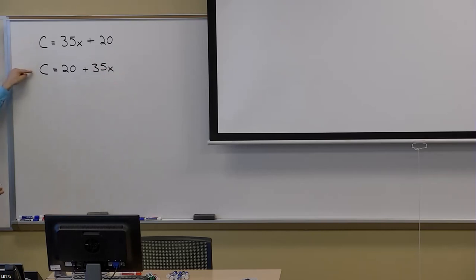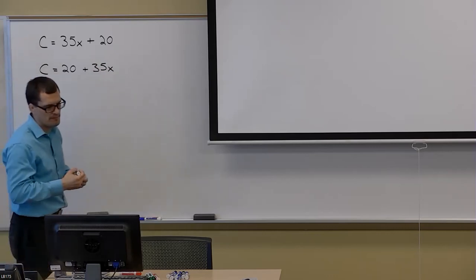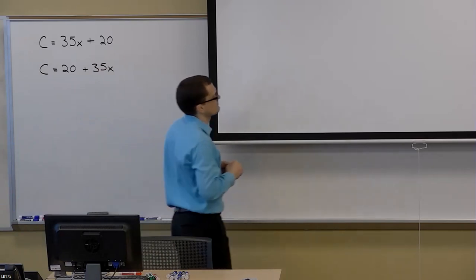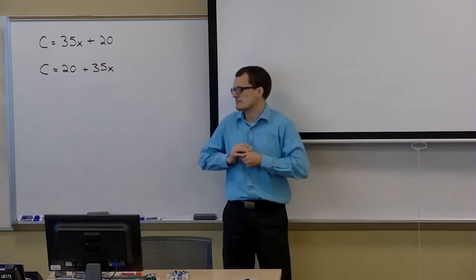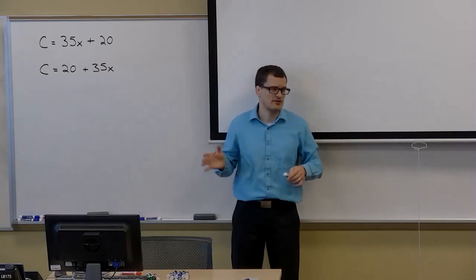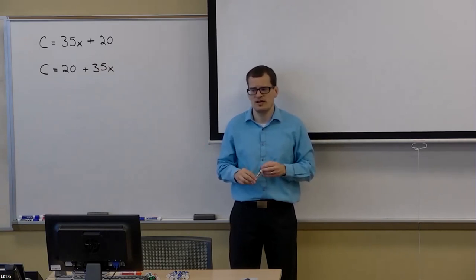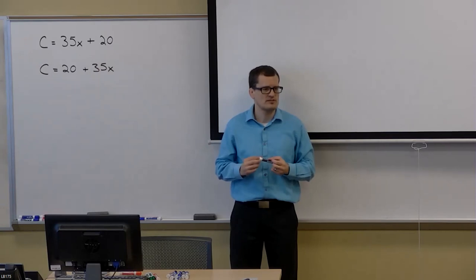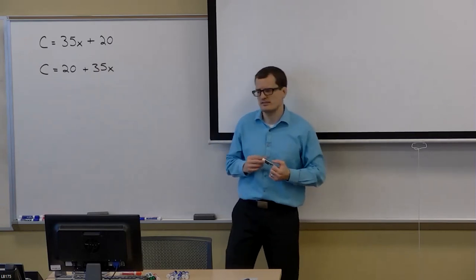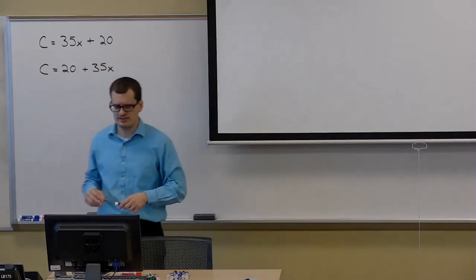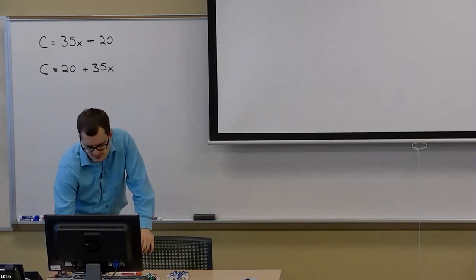So you can write either one of those into Moodle and be just fine. Does that make sense? The order of 20 plus 35x or 35x plus 20, those are the same equations.